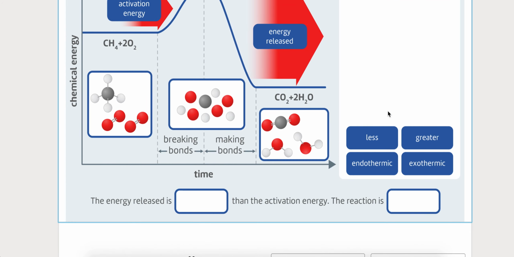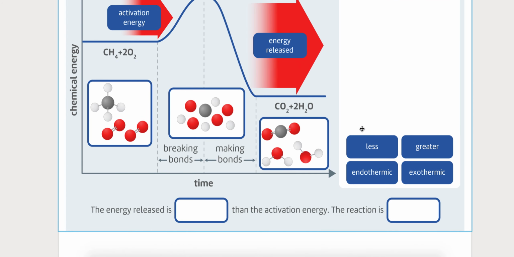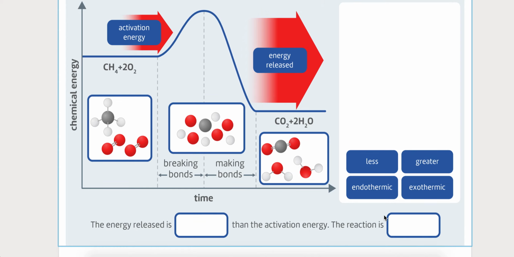Down below we have a sentence that we need to answer. The energy released is something than the activation energy from this diagram. As a result, this reaction is something. So, what we can see here is that the energy released is actually lower than the activation energy. So if we bring this line across, the chemical energy sits about here, whereas our activation sits all the way up here.